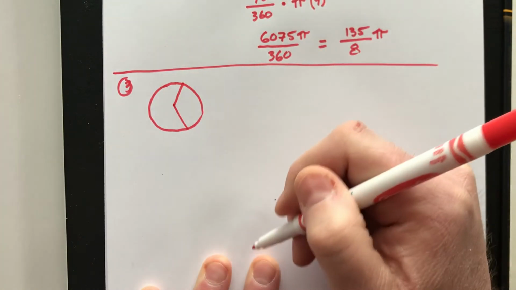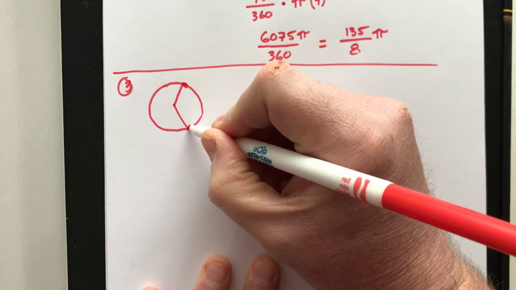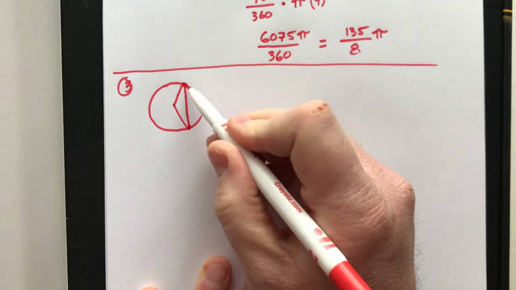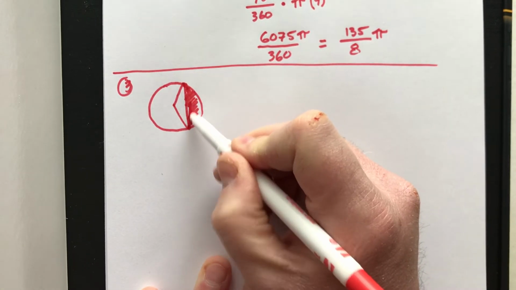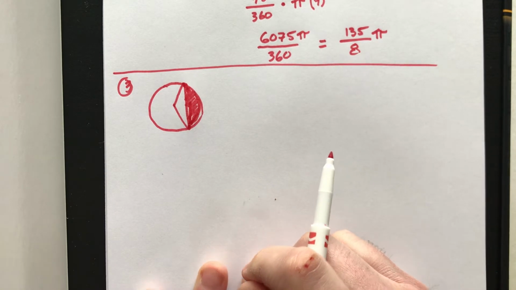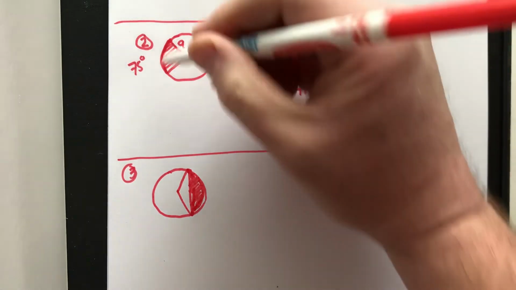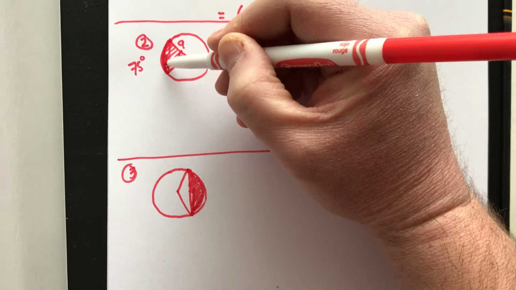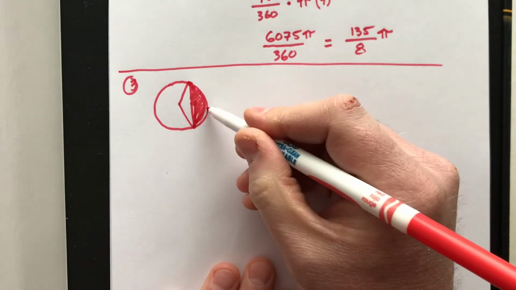If you connect these 2 points, this shaded region here, that is the segment. It's almost like the crust of the pizza slice that we had up here. If I were to draw it up here, I would connect these, and then all of this in here would be the segment. So for here, they want us to find this.